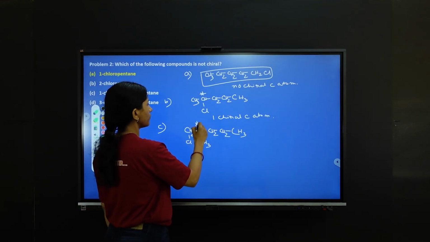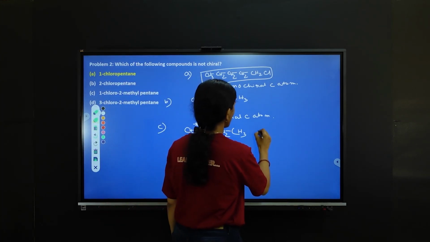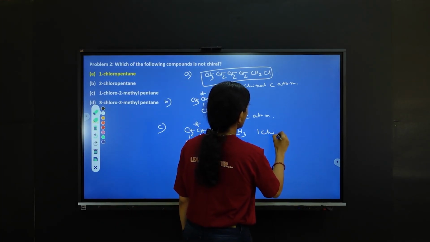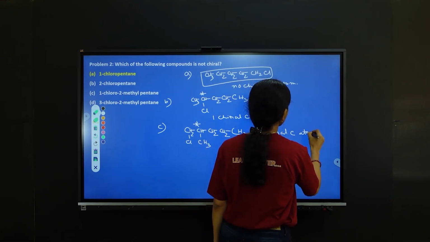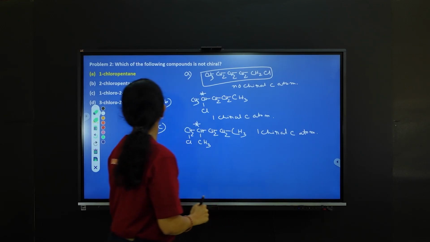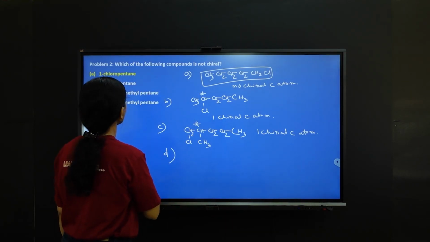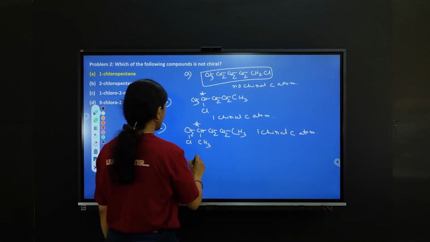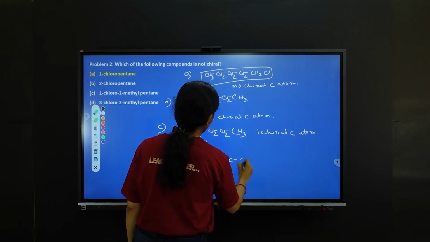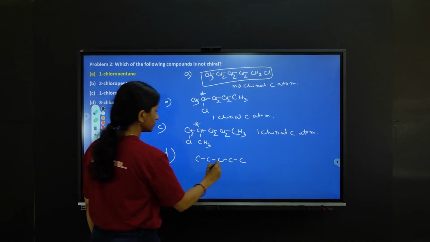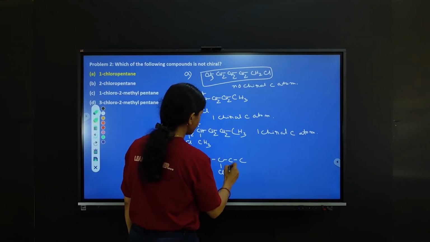Also it will have 1 chiral center, which is indicated here. So there is 1 chiral carbon atom in this compound, as indicated in C. What about D? 3-chloro-2-methyl-pentane. So 3-chloro, we will have chlorine here, and 2-methyl.